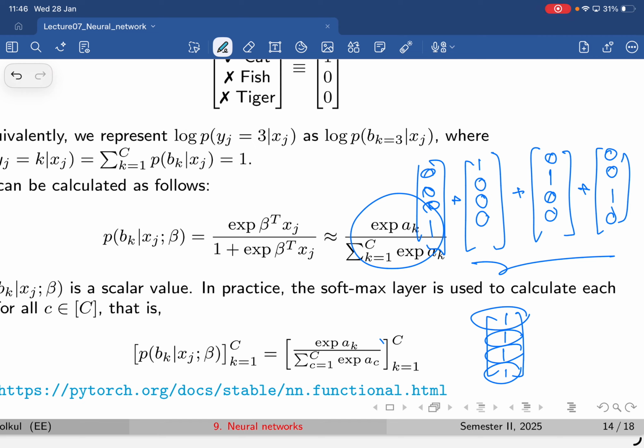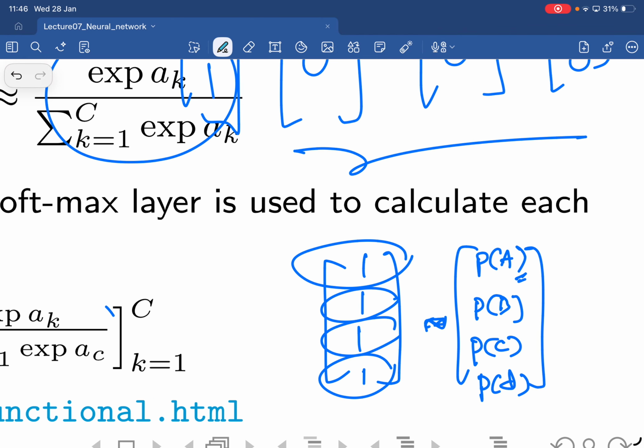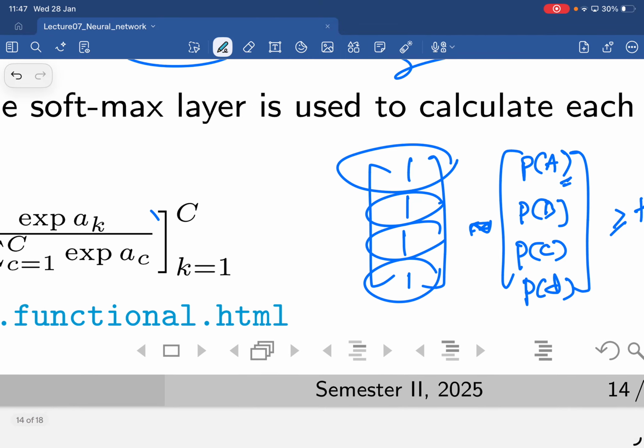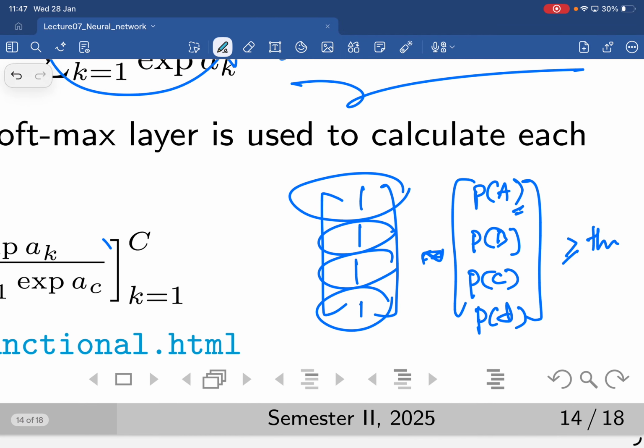So we can write the probability for this vector as the probability of being in class A, class B, class C, class D. Maybe we approximate it as a probability first. And maybe there's a thresholding value, to say that if it's beyond this threshold, then we will say that this has a high chance to go into maybe class A, B, C. Then you can start to decide which class it is.